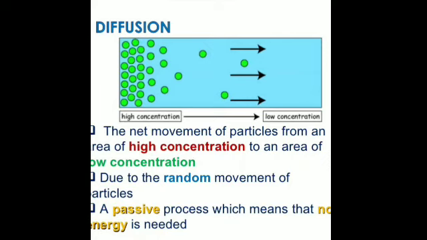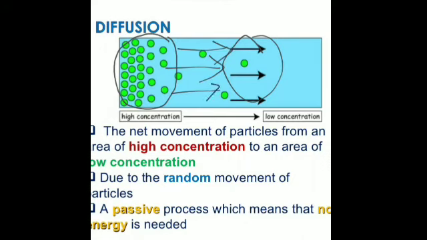So diffusion is the movement of molecules from a region of higher concentration to a region of lower concentration. You can see the concentration of solute particles is more over here and less here, so the movement will always be in this direction. This is how water enters the root cell through the cell wall by diffusion.